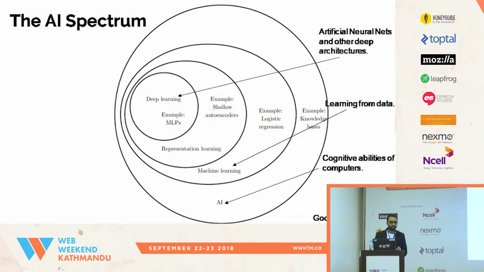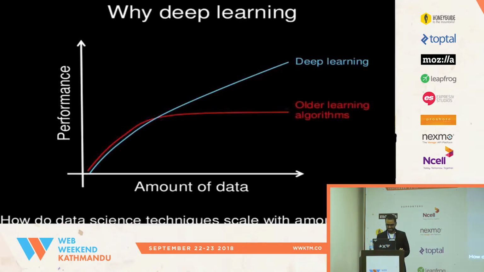And what about DL? Deep learning is that particular field of machine learning which primarily associates itself with what we call artificial neural networks. Okay, so fancy things. One of the reasons why deep learning is booming these days is mostly because of its performance on huge amounts of data.